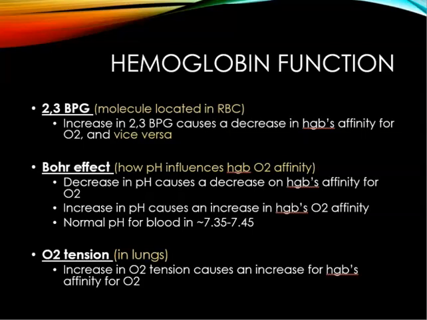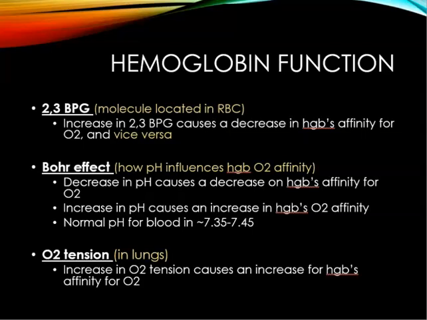The Bohr effect is how pH influences hemoglobin's affinity for O2 or love for O2. A decrease in the pH causes a decrease in hemoglobin's affinity for O2. An increase in pH causes an increase in hemoglobin's oxygen affinity.